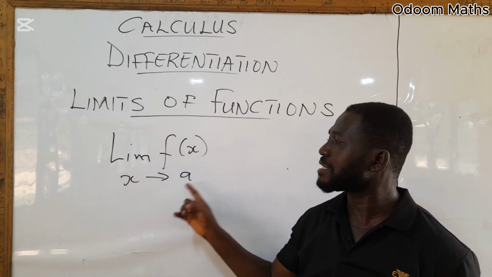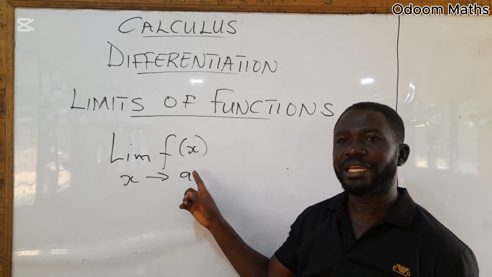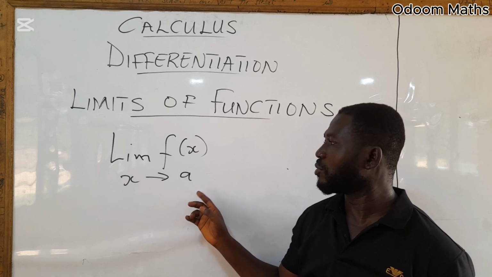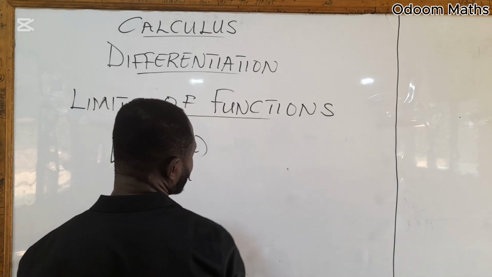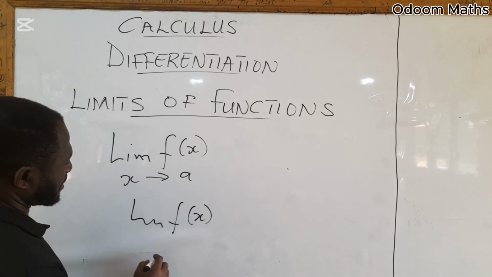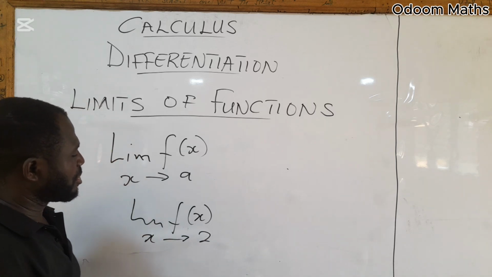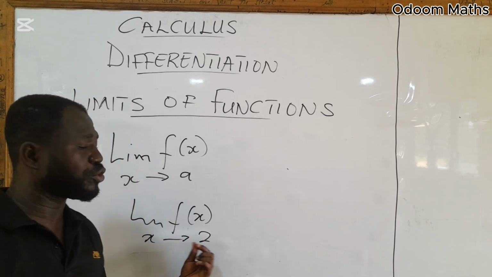Now, this is found by replacing x by a in the function given. So the example is, let's say we have the limit of function f of x as x approaches 2. So it means that wherever you see x, you put 2 there.